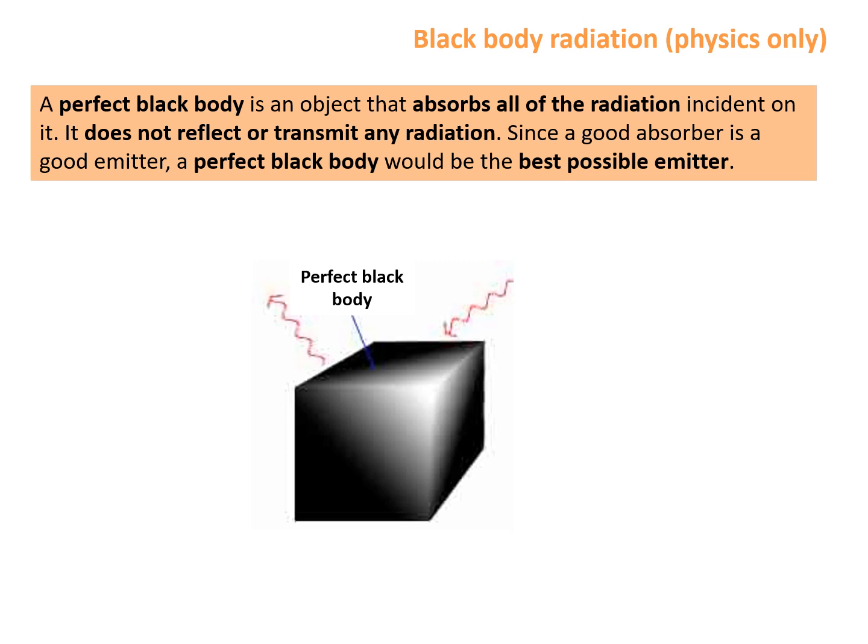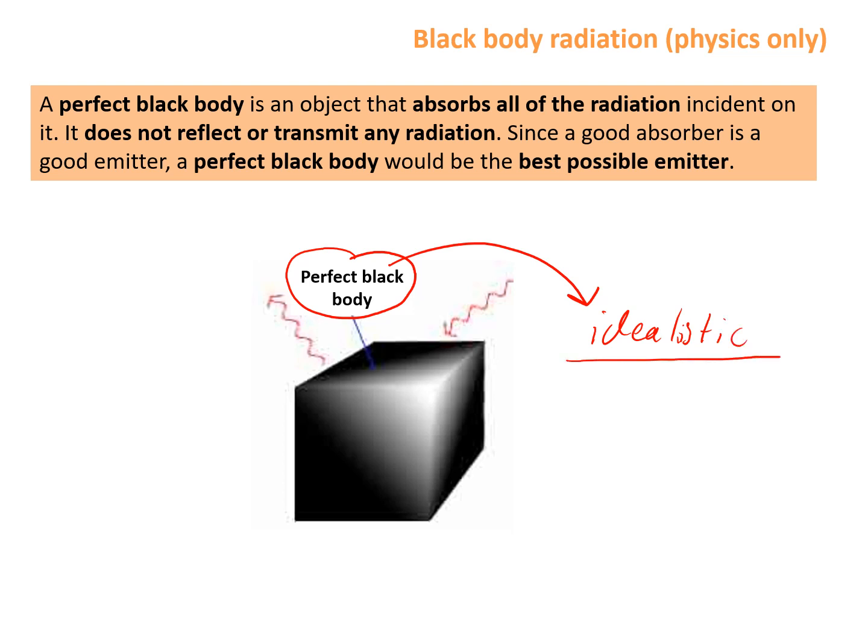What we mean by a black body, a perfect black body. A black body is not a real object. A black body is an idealistic, it's a theoretical, idealistic object.